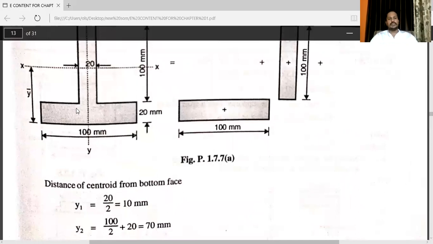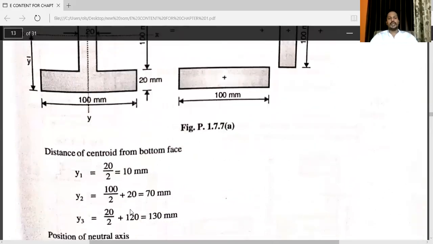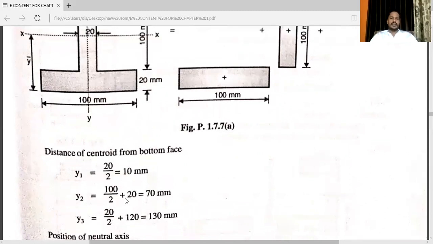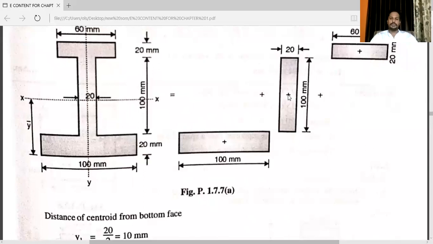For y1, this is the first rectangle. The depth is 20 mm. So 20 by 2, you will get 10. Y2 is equal to 100 by 2 plus 20. See, this distance is 100, so the centroid point will be at 100 by 2, but you have to take it from the base.